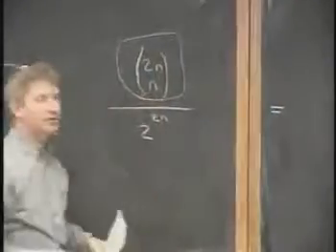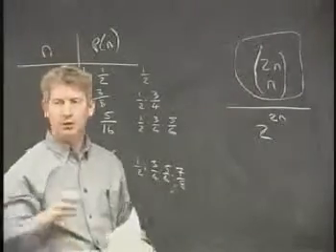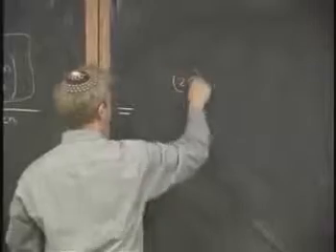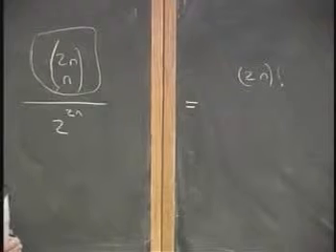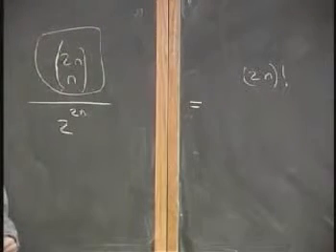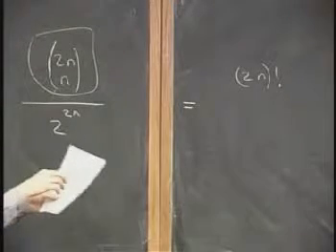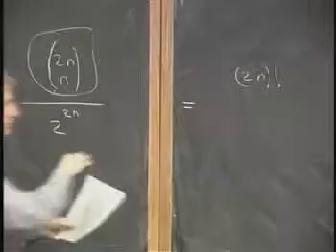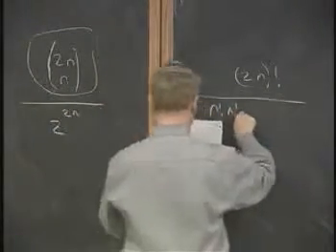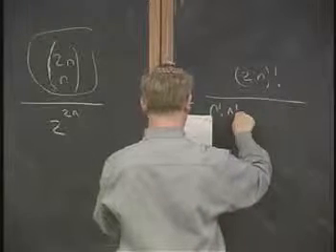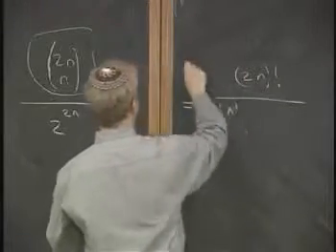All right, 2n choose n. Turn that into factorials for me. 2n factorial divided by n factorial times n factorial, right? So I'm going to put those 2n factorials, if you don't mind, on the bottom.